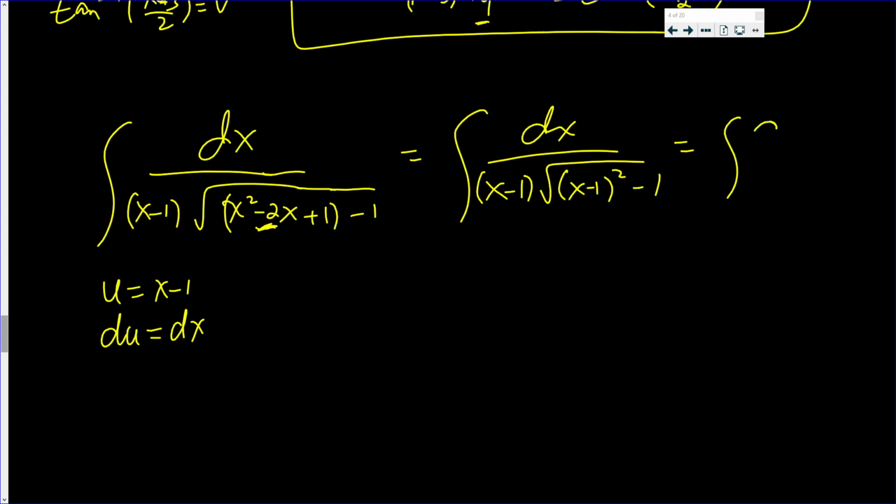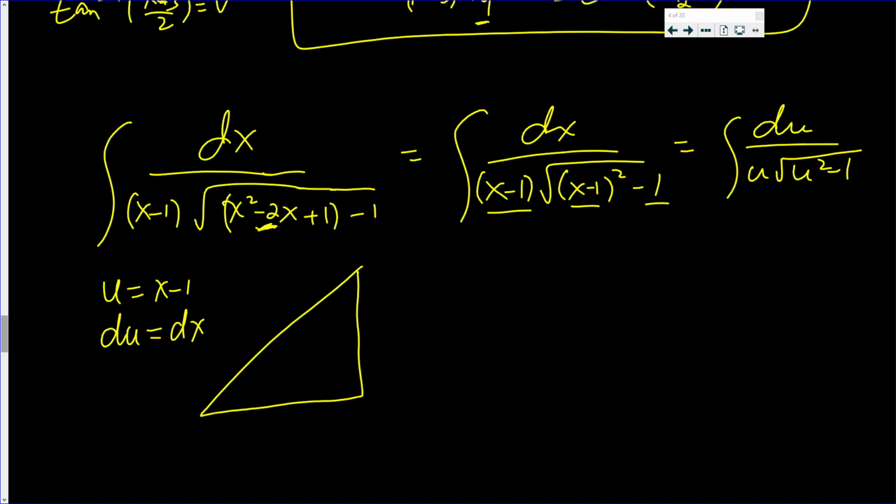So the top is just du, that's u, and that's the square root of u squared minus 1. Now this is one of the integrals that they ask you to memorize. I forgot it 20 years ago, but I still have it anytime I want it.